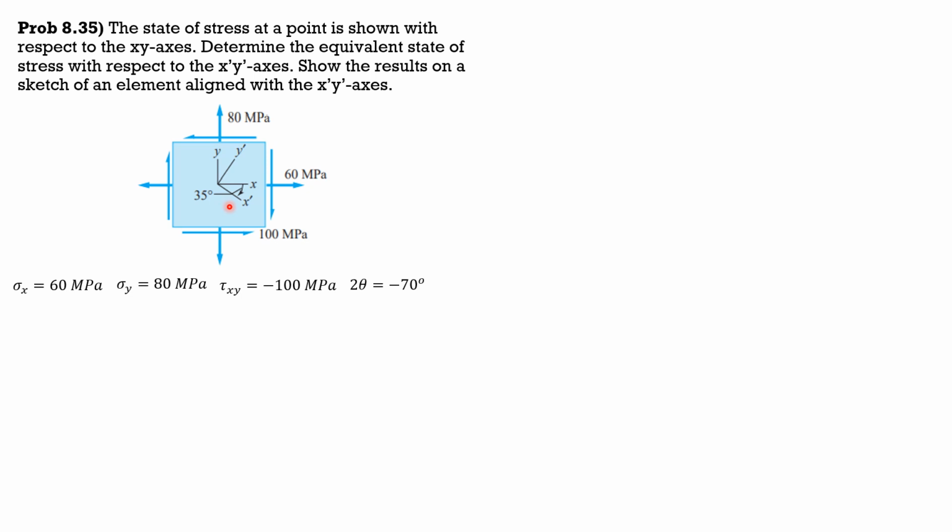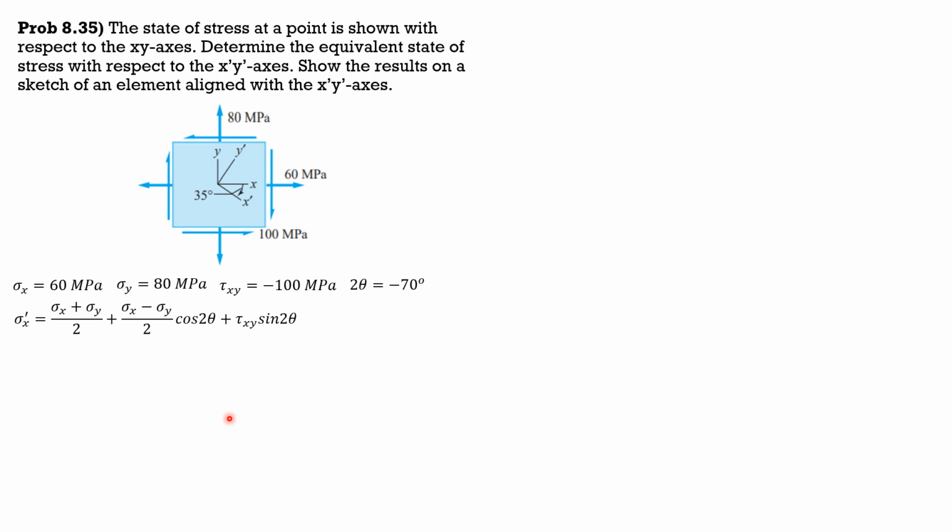So sigma x prime is quantity sigma x plus sigma y over 2 plus quantity sigma x minus sigma y over 2 times cosine 2 theta, then plus tau xy sine of 2 theta.